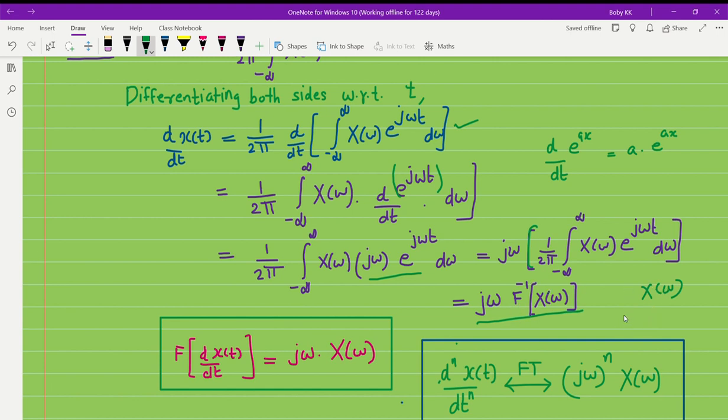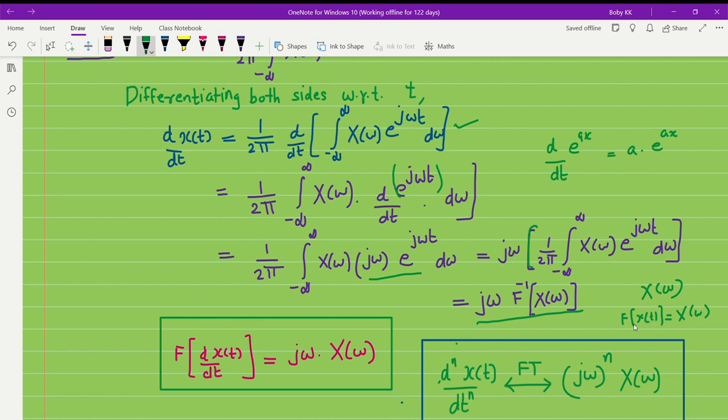If the Fourier transform of x of t is X of omega, then the inverse Fourier transform of X of omega is x of t. So when we take the Fourier transform of the inverse of X of omega, that is equivalent to the Fourier transform of x of t itself.